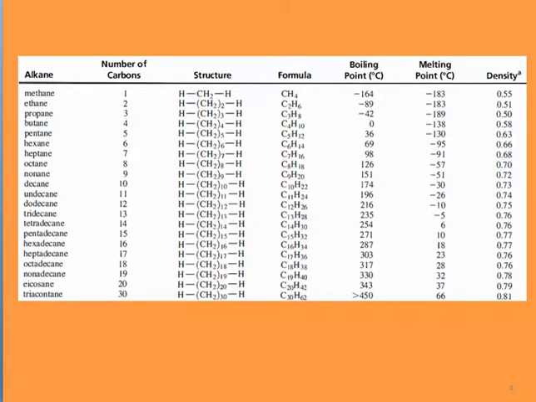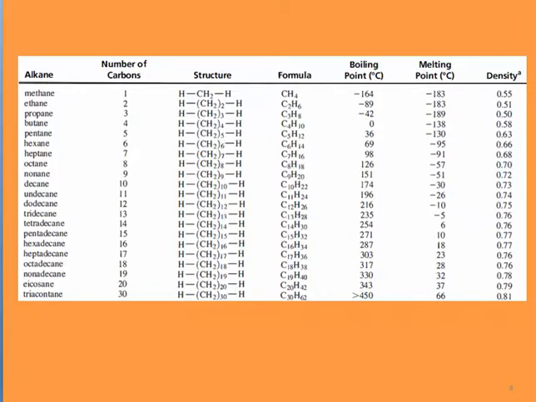As you see here, there's a list of the first 30 alkanes, with the number of carbons. It starts from methane, ethane, propane, butane, pentane, hexane, heptane, octane, nonane, decane, and the rest as you see here.